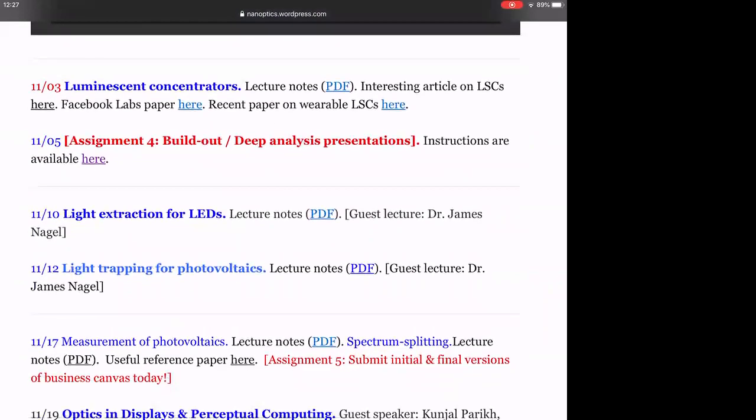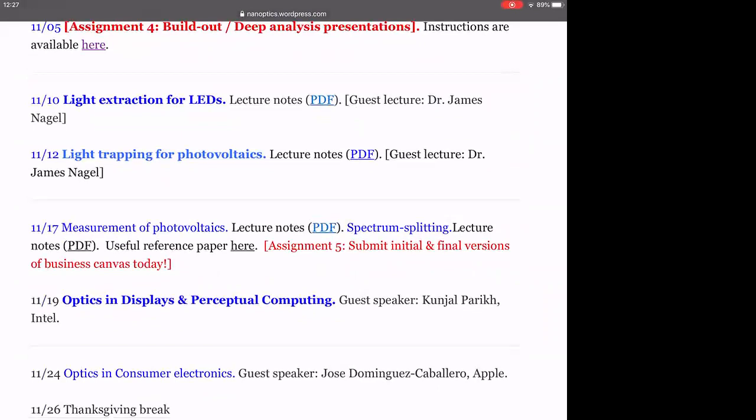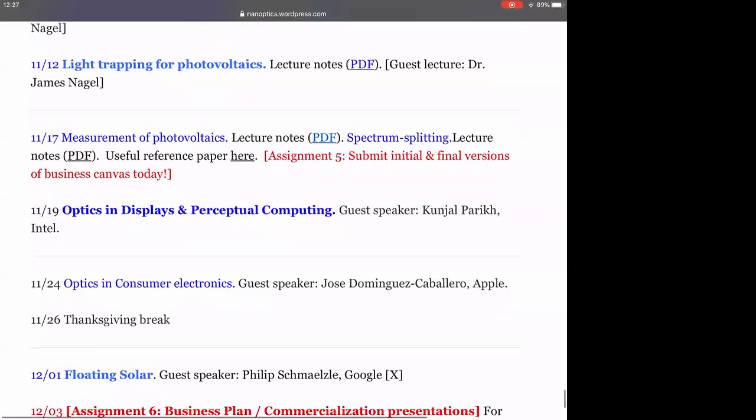Next week, we'll talk about light extraction and light trapping in a bit more detail. And then the following week, actually, I had to change the schedule. November 17th was going to be a guest lecture from Apple, but I had to reschedule that. So we're going to talk about a few other remaining topics in photovoltaics. And then the guest lecture from Apple is moved to the week of Thanksgiving.